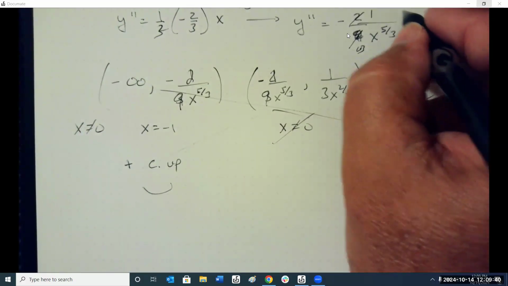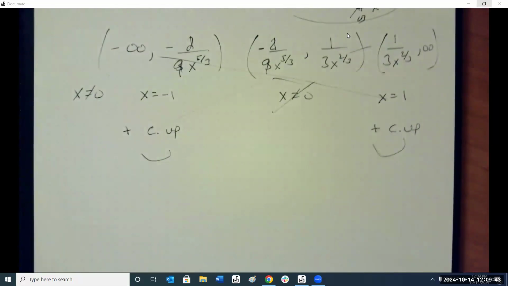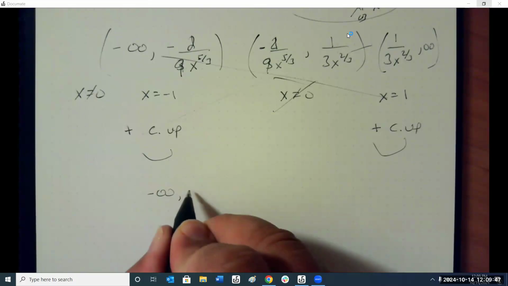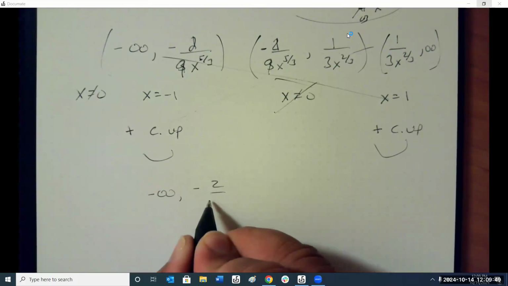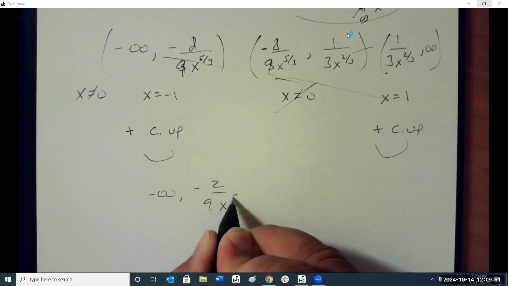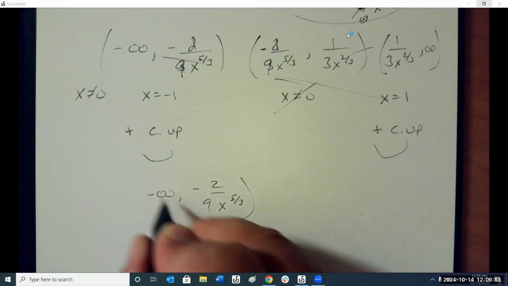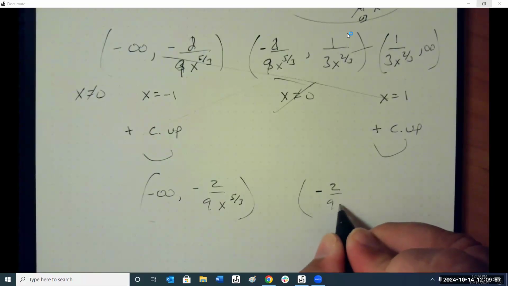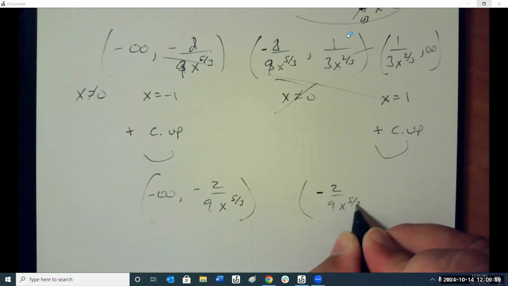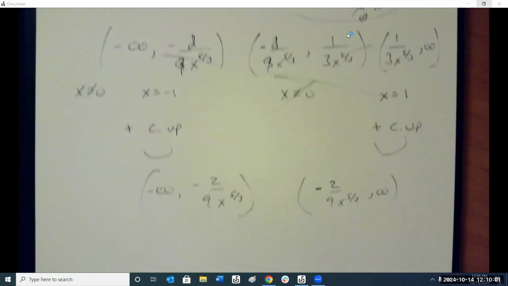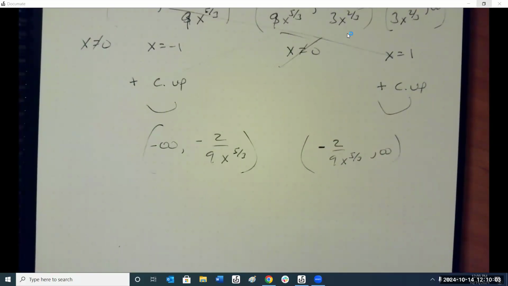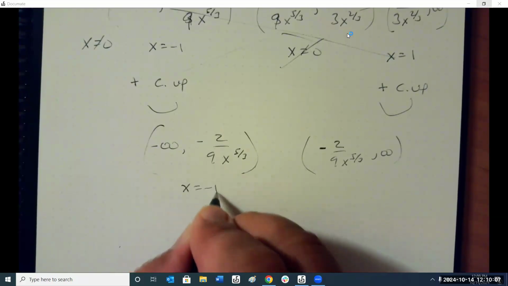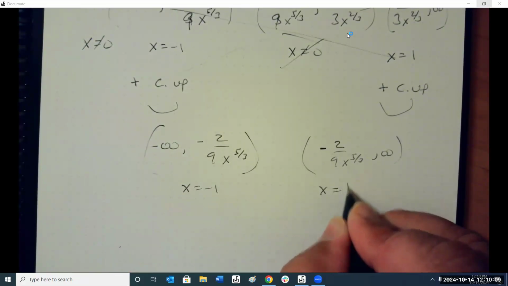All I'm looking at with this one is the point of inflection. I'm going from -infinity to -2/9 x to the 5/3, and then -2/9 x to the 5/3 going to infinity. So if x is -1 versus x is 1.